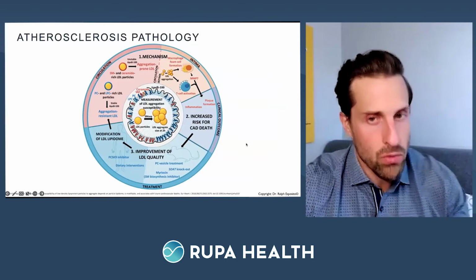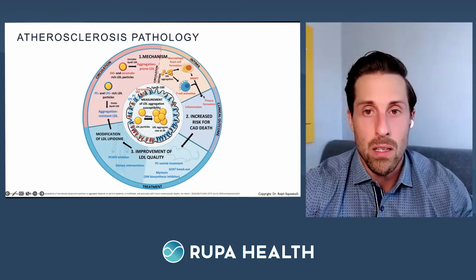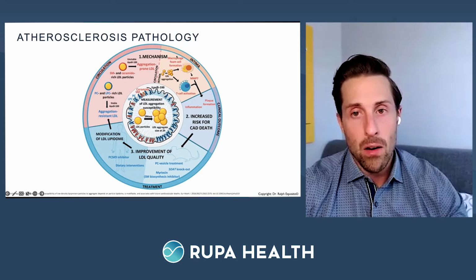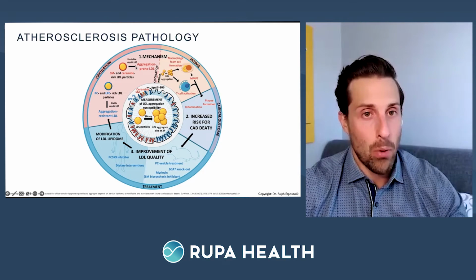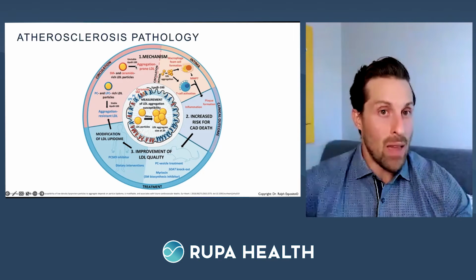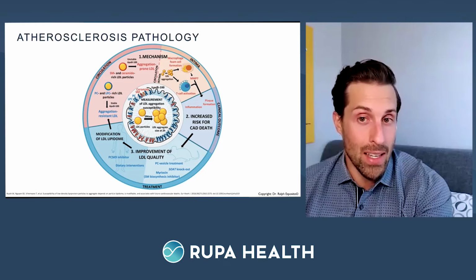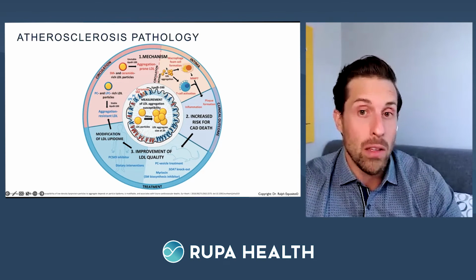Because, well, first of all, it's really important to understand that there's a process when it comes to atherosclerosis. So this is the pathophysiology of atherosclerosis. You can see here, what has to happen is that we have to have apolipoprotein B, or ApoB containing lipoproteins. They need to exit the circulation and they enter the intima of the endothelium.